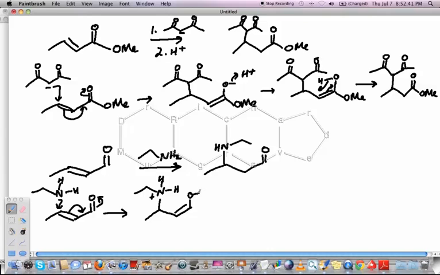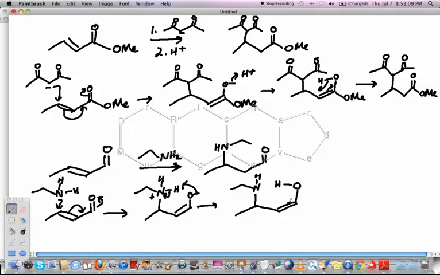And then the negative charge can pick up the proton of the amine. So we've got a proton transfer step going on there. And it's a little different to the previous one because we're dealing with a neutral compound and not one that was initially negatively charged.